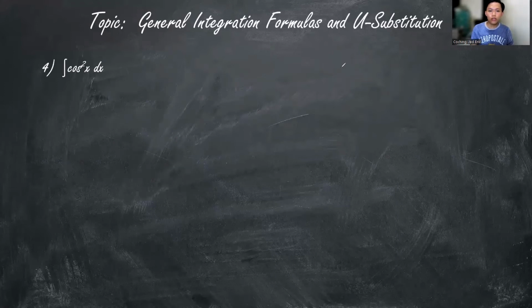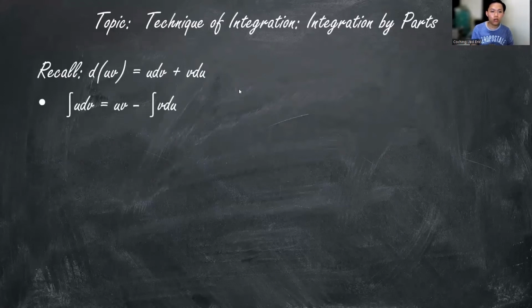Clear this first. Here, as we can recall, the derivative of uv is u times the derivative of v plus v times the derivative of u.